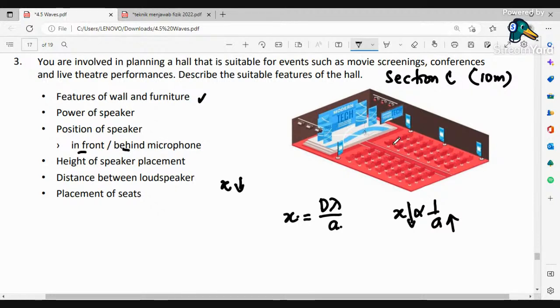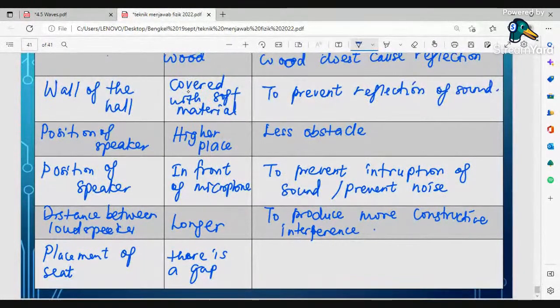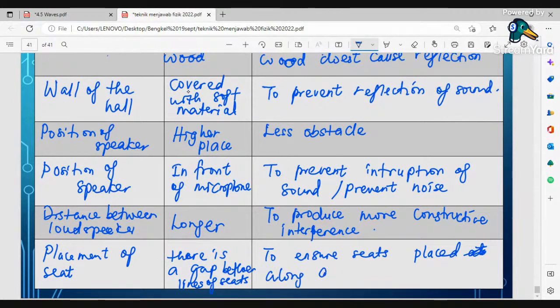So just like there's a small gap between the chairs, between lines of chairs or lines of seats, to ensure seats are placed at or along the anti-nodal line.